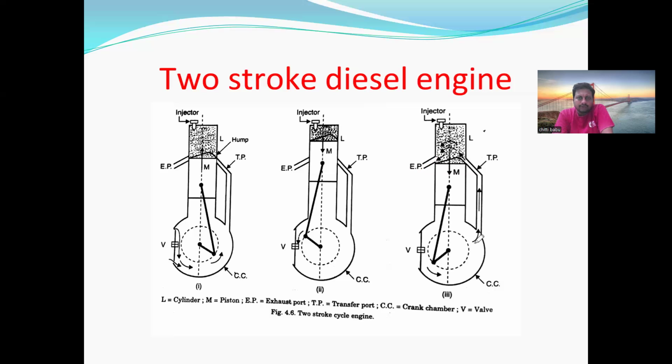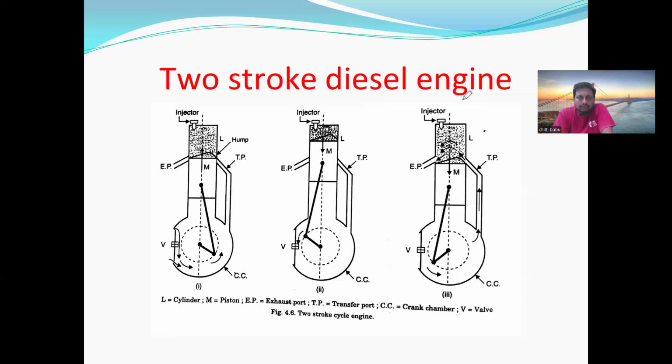The fresh air from the combustion chamber will go to the engine cylinder through this transfer port. So here the inlet port, transfer port, and exhaust port are covered and uncovered due to the piston movement only.